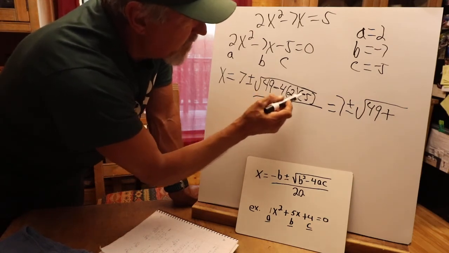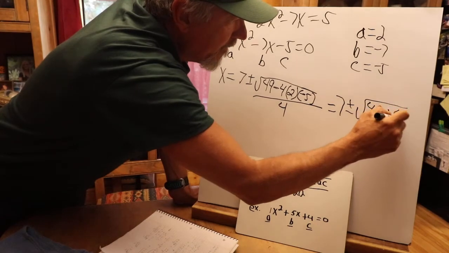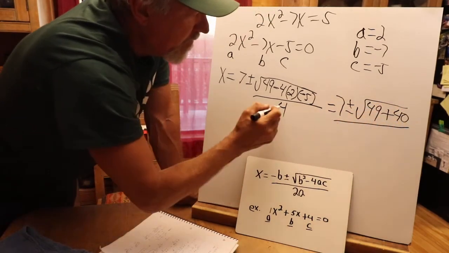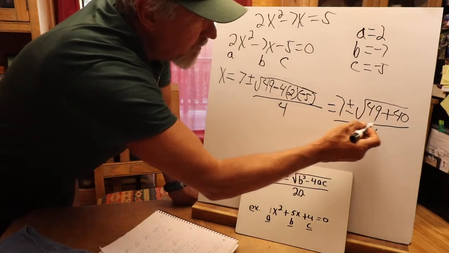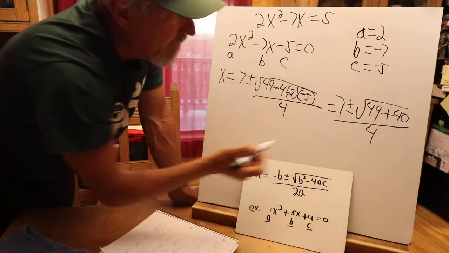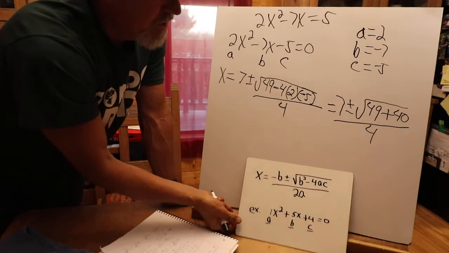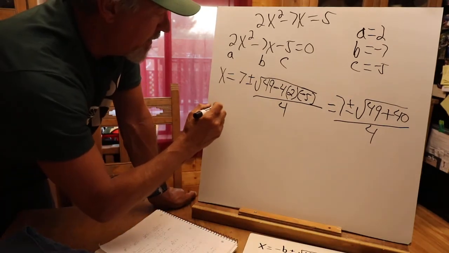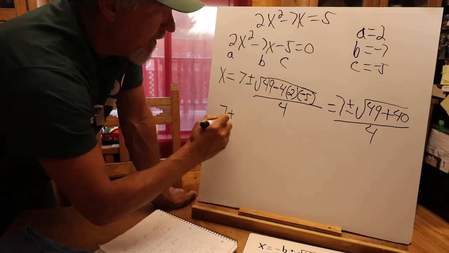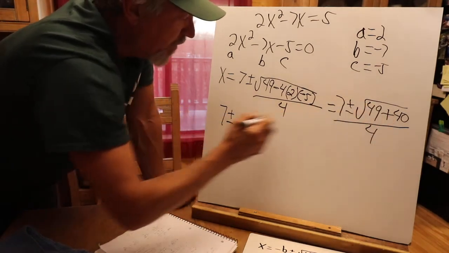So 8 times 5 is 40. And then I put it over my 4. Remember, the fraction bar goes under the whole entire top, including the 7. So now I'm going to write it as 7 plus minus 49 plus 40 is 89.